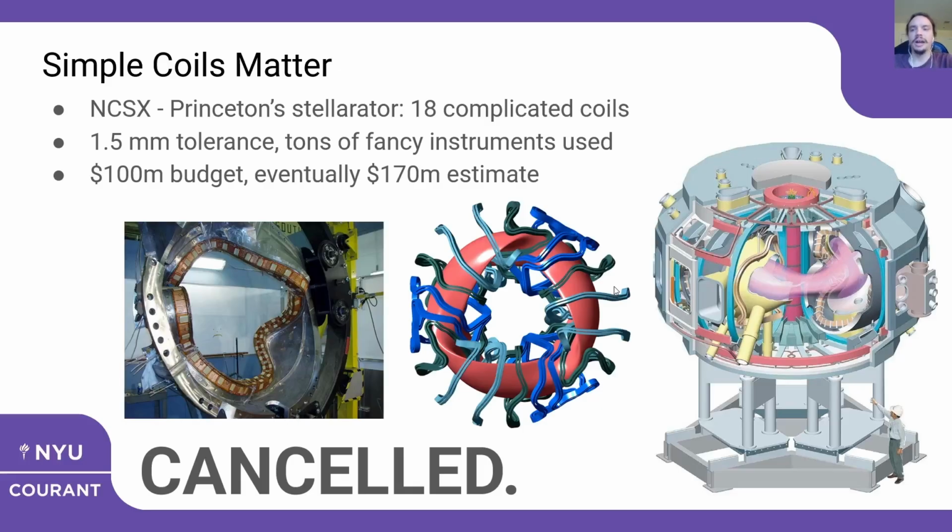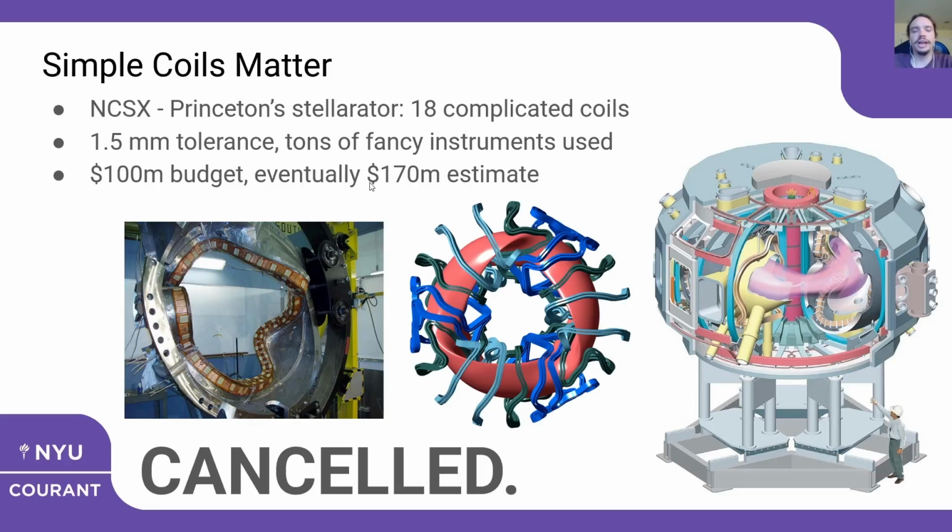This matters a lot. Okay? So as a theoretician, I don't like to think about this stuff, but what happened at Princeton was they tried to build this stellarator called NCSX. It had 18 very complicated coils that needed to be super precise. They only had a 1.5 millimeter tolerance. They used tons of fancy instruments to try to build this device. They had a $100 million budget.